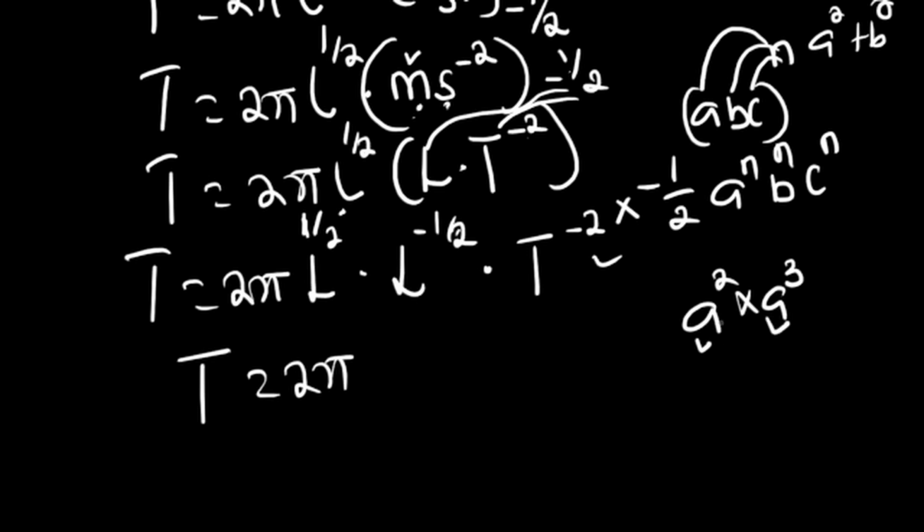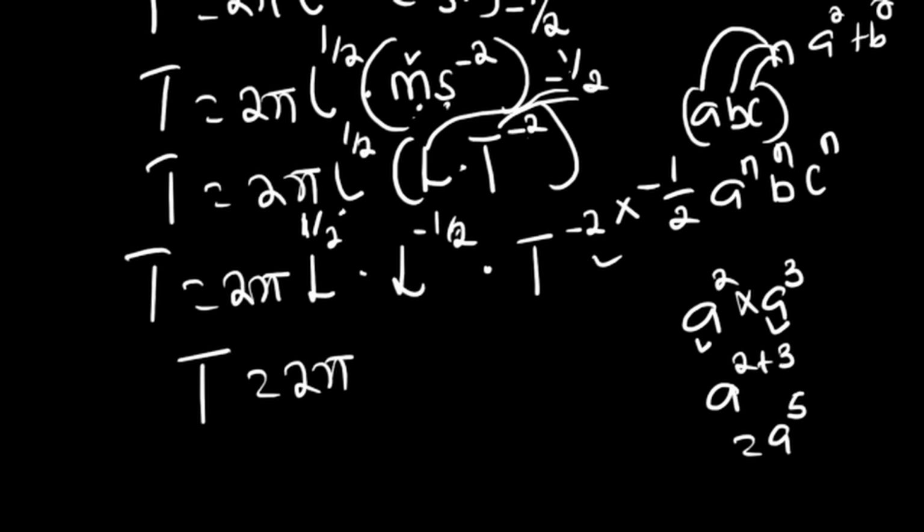Since they are the same and they are multiplying, you simply add their powers. This is now going to be a raised to the power 2 plus 3, and this is a to the power of 5.